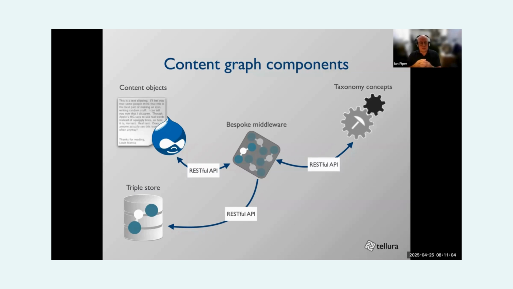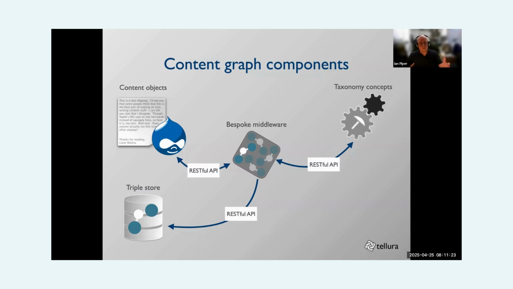But how that's all pulled together is bespoke middleware. And I say bespoke because I'm unaware of any commercial tools that do this kind of thing out of the box. And that's why I believe that APIs are so important in gluing everything together.